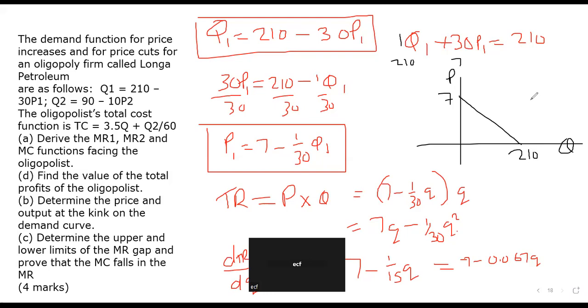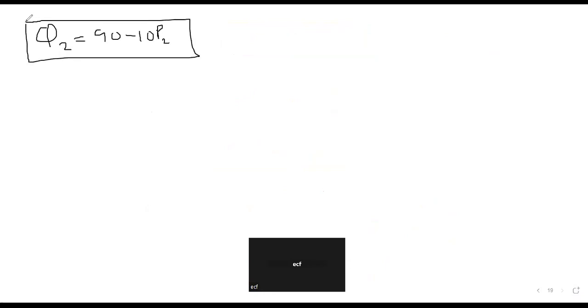So let's do firm 2 together. So here firm 2, Q2 is equal to 90 minus 10 P2. The 2 down is just showing that this is firm 2. All right.